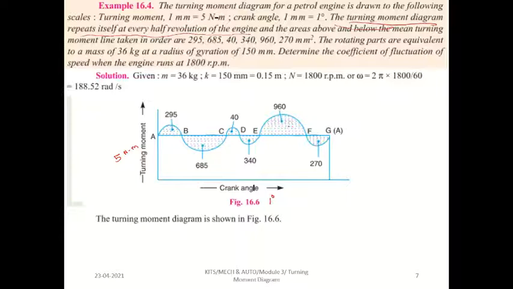So in one complete revolution, it will have 2 power strokes. So I think small n will be equal to 2N. Later we'll see in the problem.